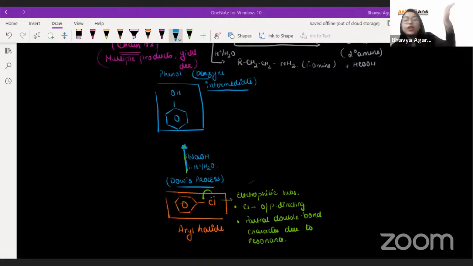You can lower these high temperature and pressure conditions if you use an electron withdrawing group, because it's a nucleophilic substitution. If you want a nucleophile to attack, you just have to make your substrate more electron deficient, and for that you can use an electron withdrawing group like a nitro group to decrease the electron density.